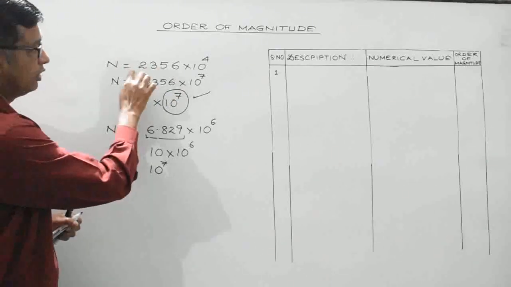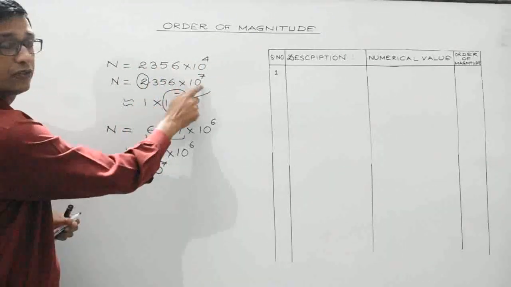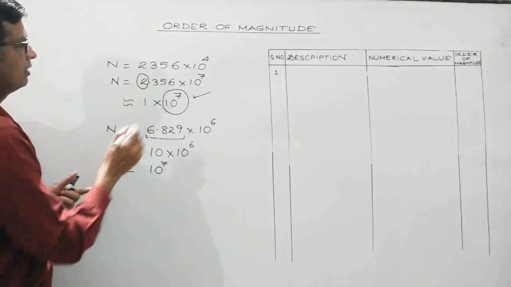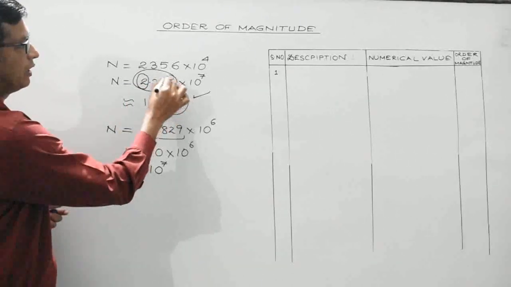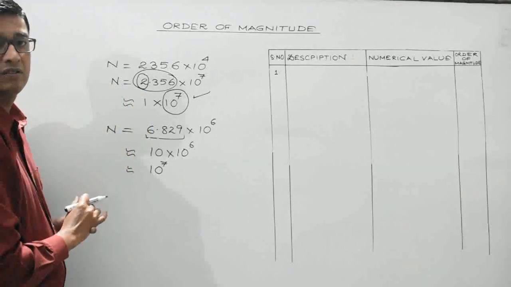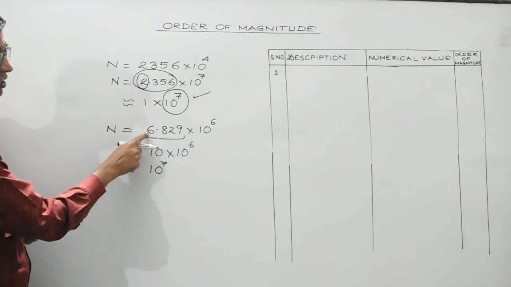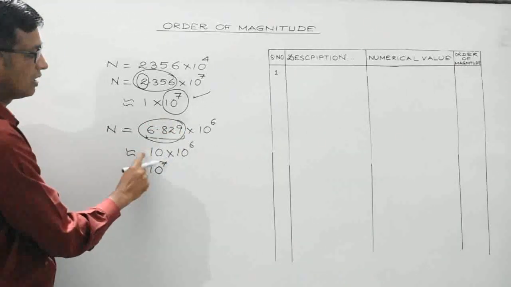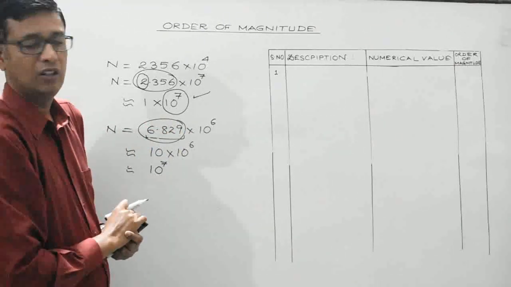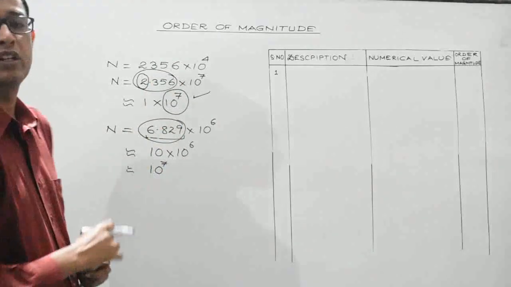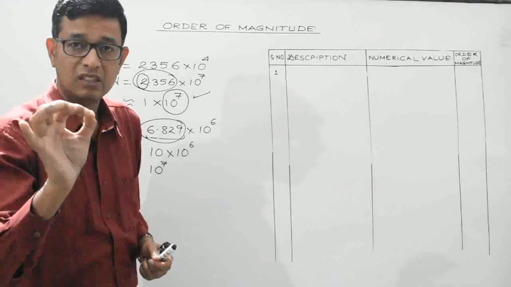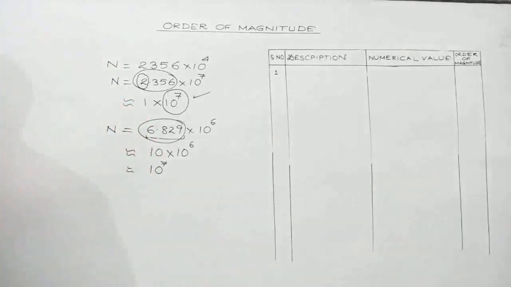First you need to write the numerical value in the standard form, and if the first digit is less than 5, then the entire numerical value is to be considered as 1. And if the first digit is greater than 5, then the entire numerical value is to be considered as 10. That is how the order of magnitude can be easily determined. There is some other method as well, so let's discuss that.